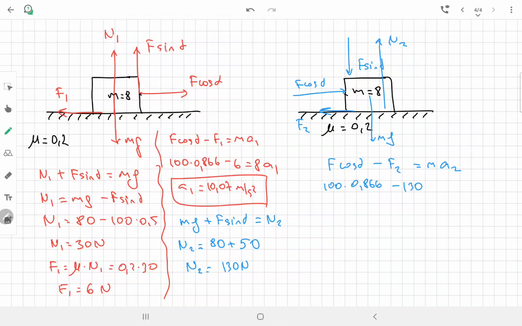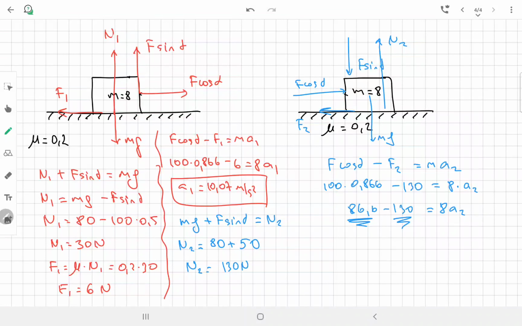We are assuming that it will move. So equal to 8 times acceleration. So as you see, 86.6 minus 130. So our force in horizontal direction is less than the maximum value for the friction force. What does it mean? It means it will not move.